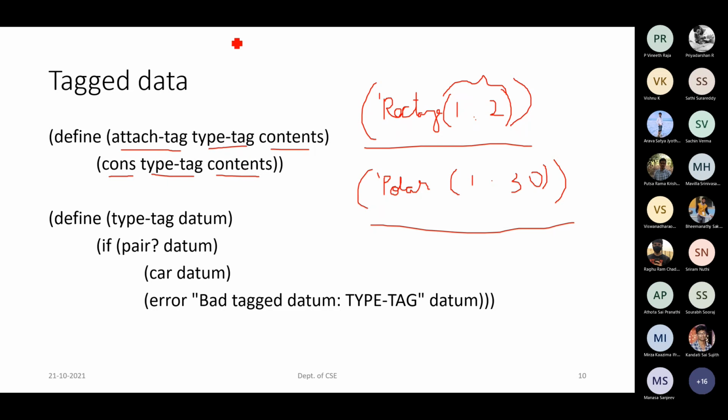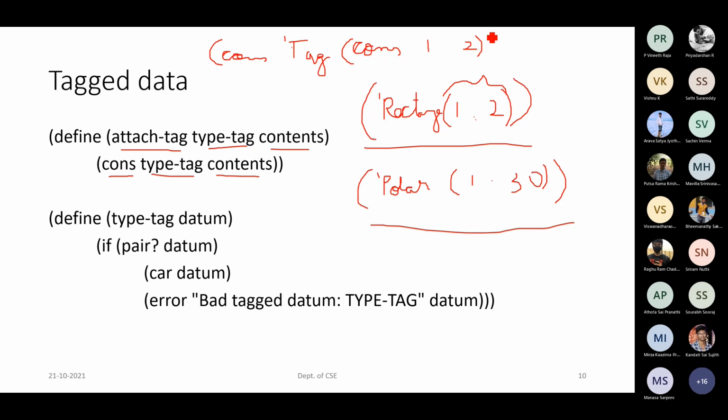So if I put everything together, the complex number will look something like this. Cons of the tag name, whatever tag name you are giving, that tag name will come over here. I'll just write it as tag. Again, another cons, which has the content. So cons of, if the content you had is 1, 2, it will be 1, 2.